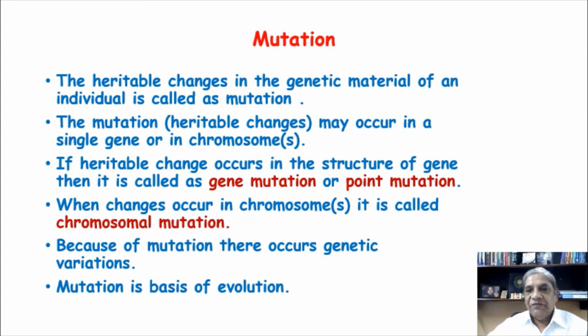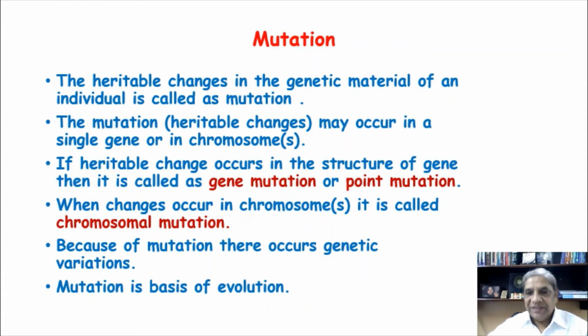We will see why it is called a point mutation, because in a gene the change may occur at one particular point, at one nucleotide base pair. When these changes occur in a chromosome, it is called chromosomal mutation. Thus, mutations are of two types.